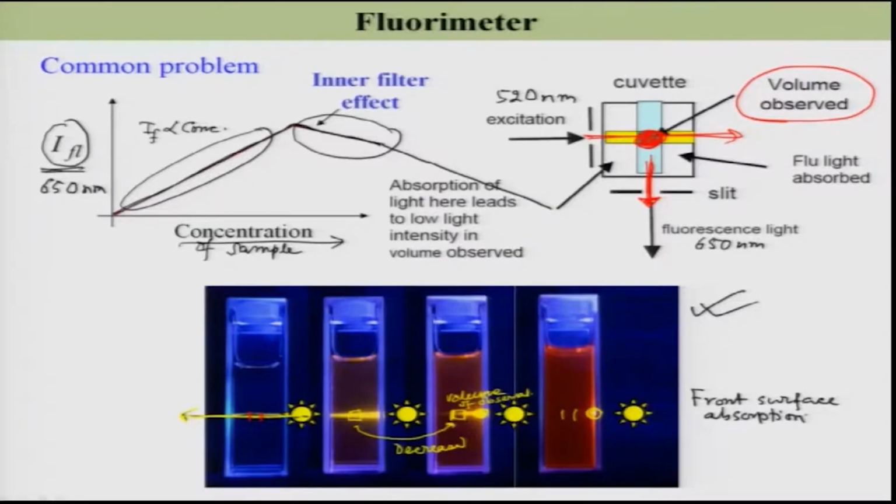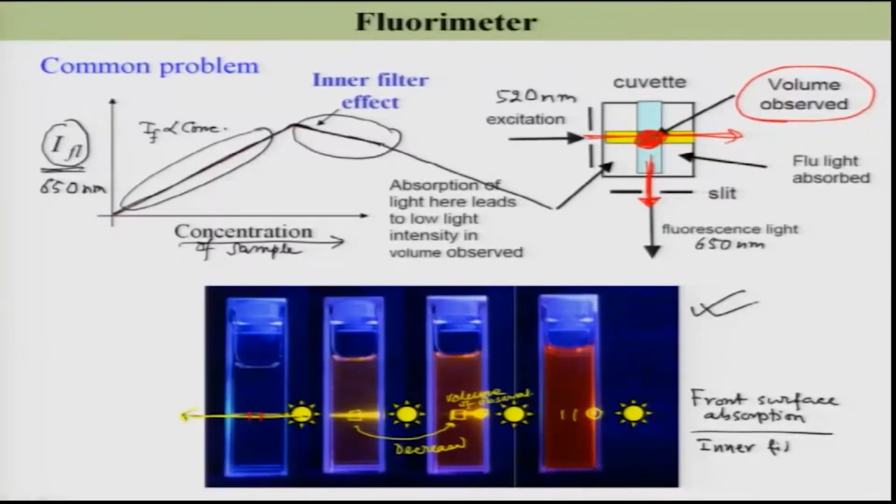And the reabsorption, along with this, is known as the inner filter effect. That means the fluorescence intensity is modulated because of the sample itself, which is present inside the sample. So you have to be cautious while recording the emission spectrum and while reporting the fluorescence intensity.